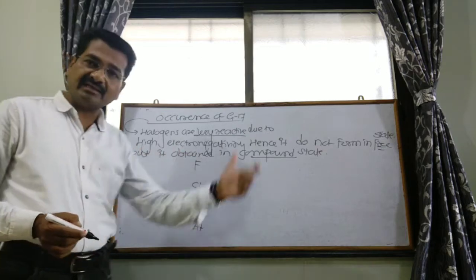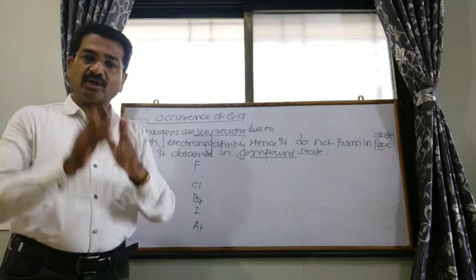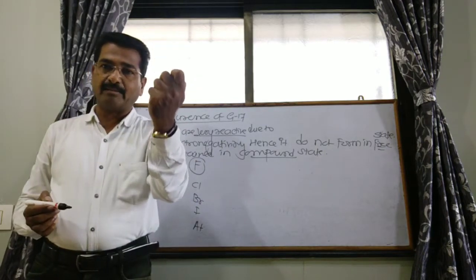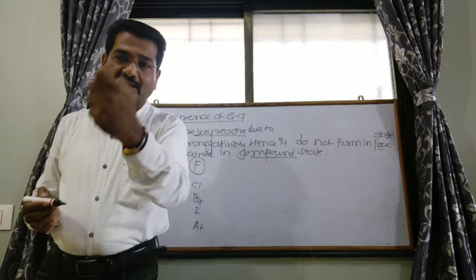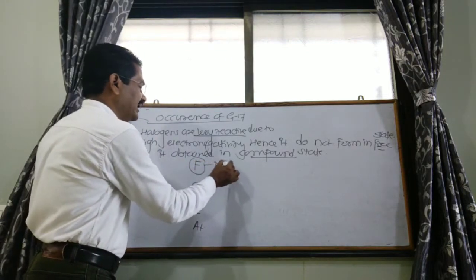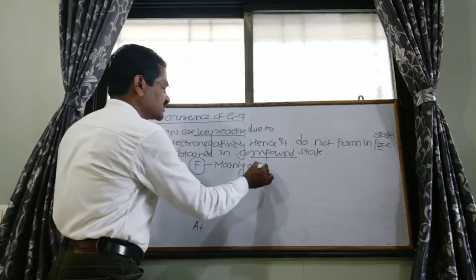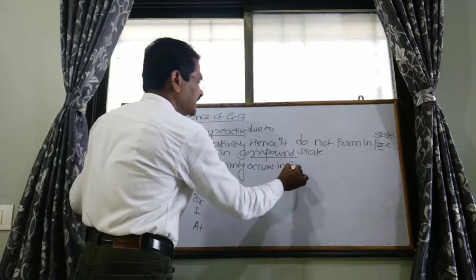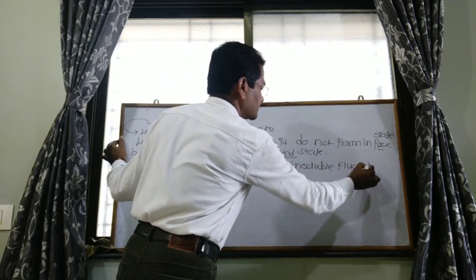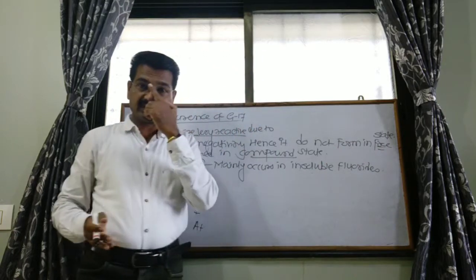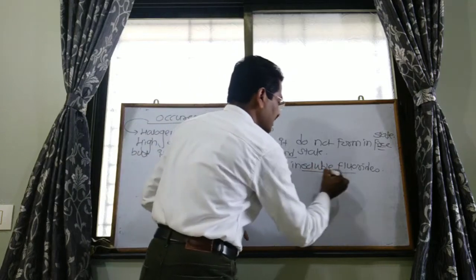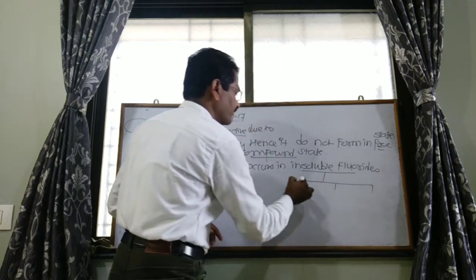In the halogens, fluorine, the first element, mainly occurs in insoluble fluorides. Which are the insoluble fluorides?